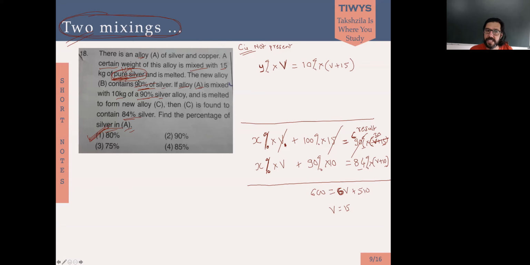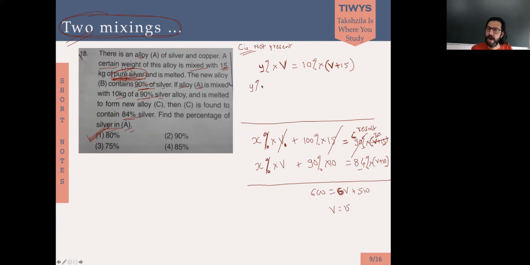Y% of copper into some volume is mixed with pure silver, so no copper comes in. And what do I get? I get 10% copper. 10% into the volume, which is V plus 15 kgs. Now if you write the second one, you'll notice it does not add any help.